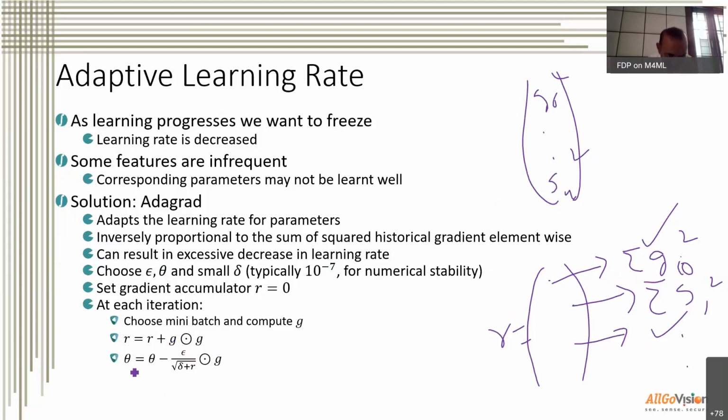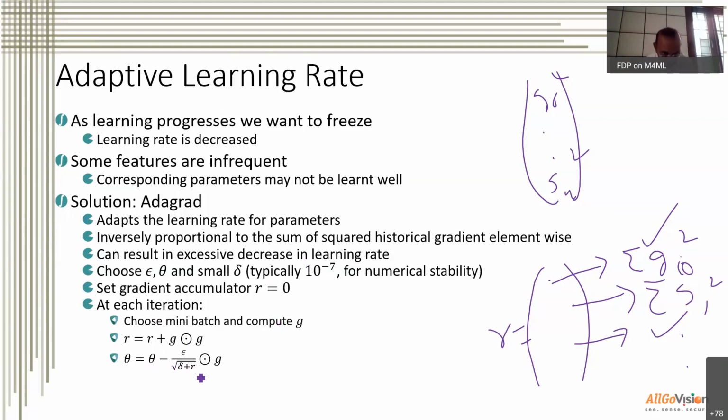Then you calculate the new theta, the new parameters, as the old theta minus epsilon, the learning rate, divided by the root of delta plus R. Now the delta of 10 to the minus 7 was important because some gradient components may be, let's say, 0. Mind you, this is component-wise; when you are doing the ith parameter, this should be taken as Ri. So this is a component-wise multiplication.